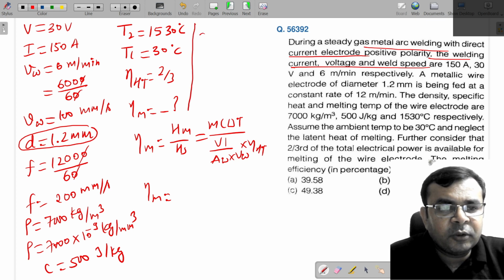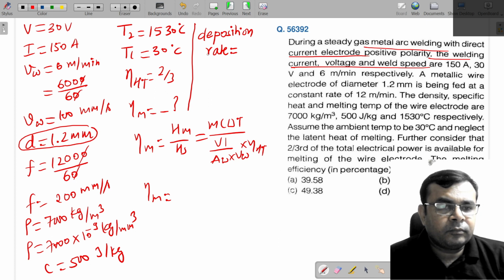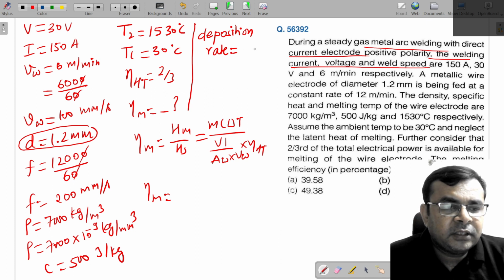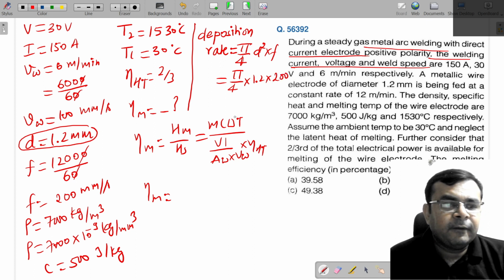If I talk about deposition rate, this is pi by 4 d square into f. So this is pi by 4 into 1.2 into f, that is 200 millimeter per second.